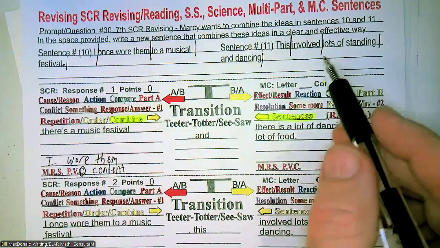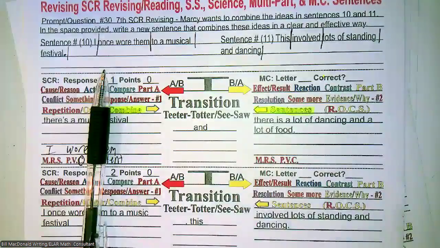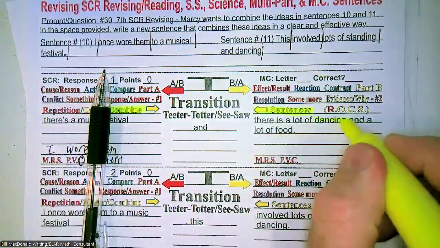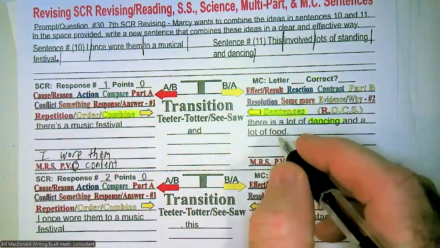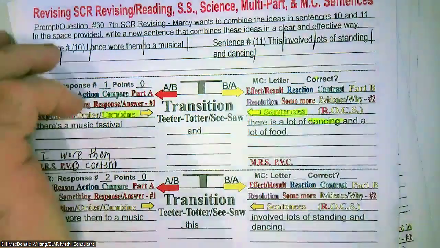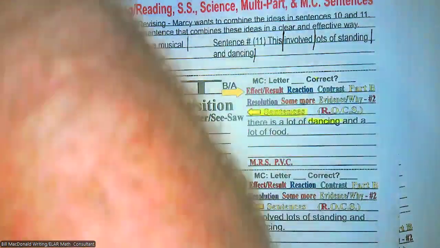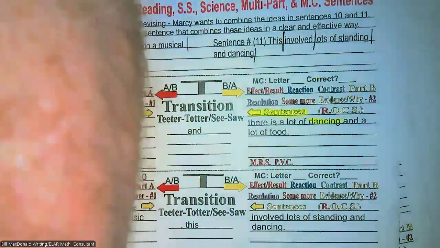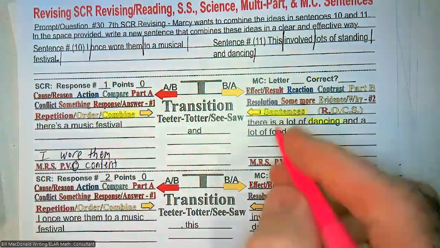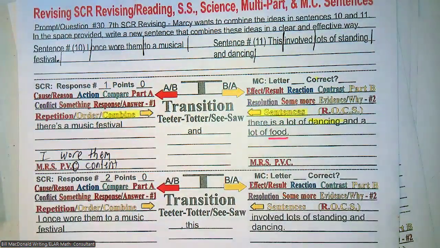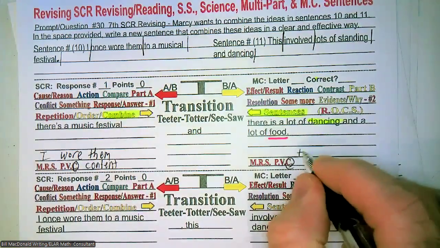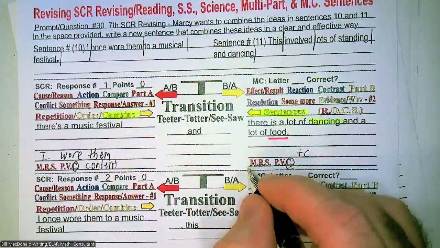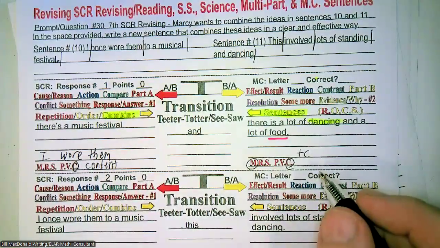Well, dancing is there, but food, because food is not what was in the selection, this content that was added, you can't add content because it ends up changing the meaning of the sentence.